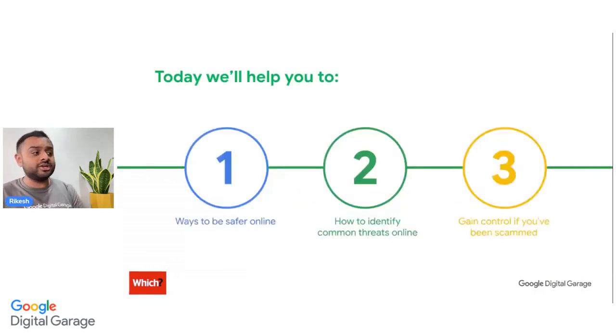So in this session, we're going to be covering, first of all, ways to be safer online. The keyword is there: being safer. I'm not going to be saying things that will keep you 100% safe, because it's a forever evolving space. But there are good practices that we can look to uphold, which we're going to run through. Once we've done that, we're then going to be looking at how we can identify some of the common threats that currently exist online. And some of these threats you might think, yeah, Rikesh, I know how to spot a spoof email.